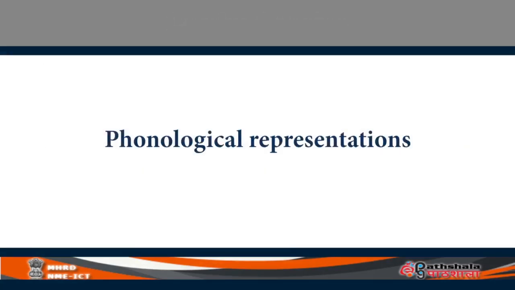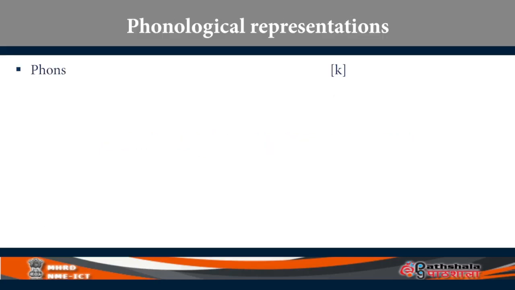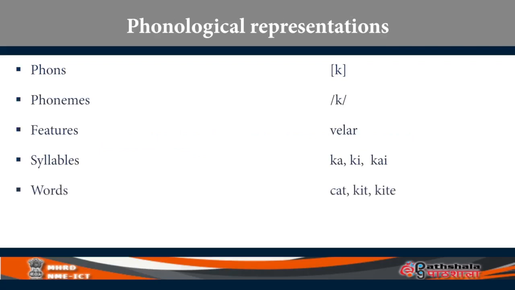You know from basic linguistics course that we make a distinction between phones, phonemes, features, syllables, and words. This is what I mean by representations. On the screen you will see phone is enclosed in square brackets because it's not established whether it is meaningful or not in a given language.